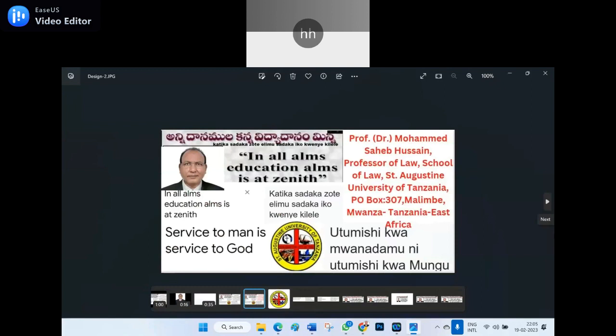Read now. In all arms, education arm is at zenith. Kiswahili. Katika sadaka zote elimu sadaka iko kwenye kilele.